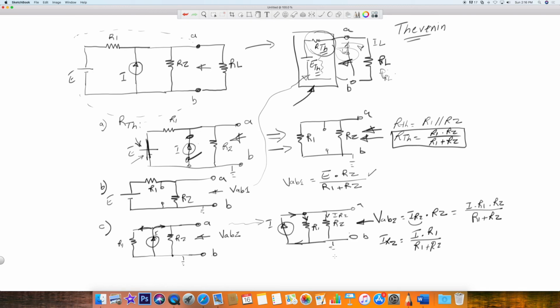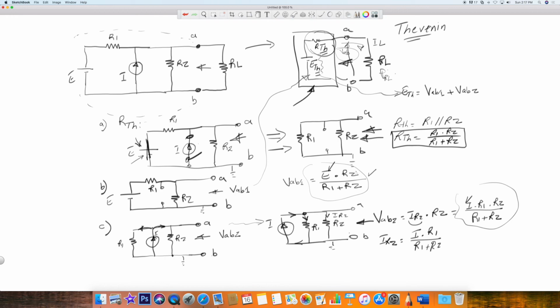Okay, so what is ETH? ETH is going to be the sum of the two. So this ETH here is going to be equal to VAB1 plus VAB2. Okay, so you're going to add this quantity to this quantity, and notice you have constants. This is a constant, this is a constant.